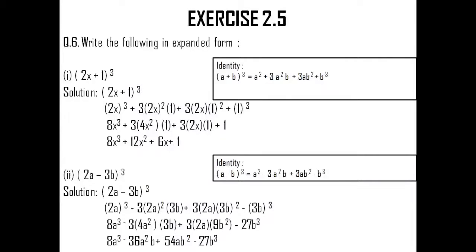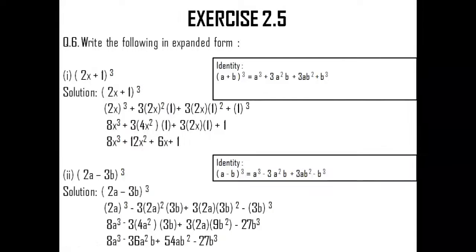And a will be replaced by 2x and b will be replaced by 1. So when you do that and solve it further, the final answer that you're getting is 8x cube plus 12x square plus 6x plus 1. I hope that's clear to all of you. If yes, then let us try to solve the second sum.